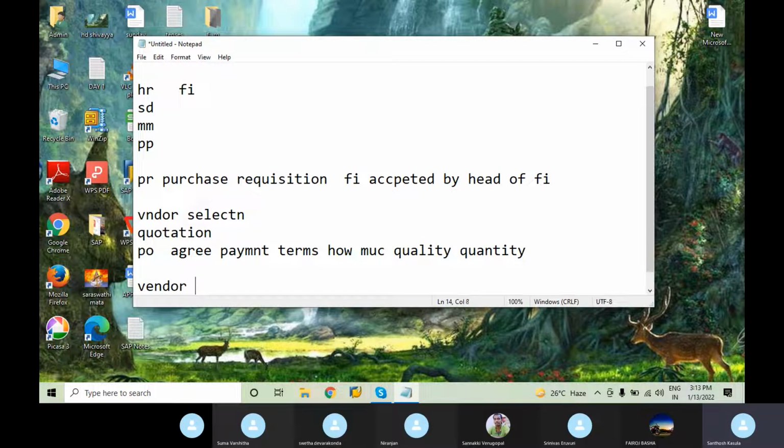Once this is done, the vendor will be sending goods to the warehouse, and with this he will be sending a goods receipt. This is done in MIGO.